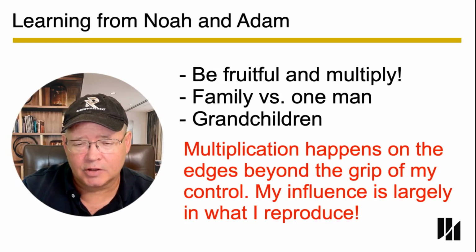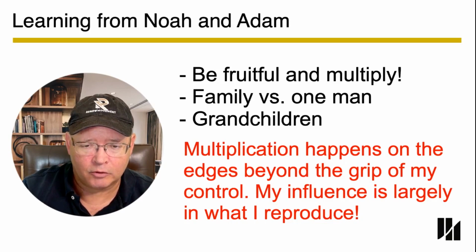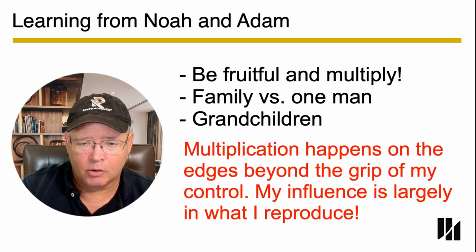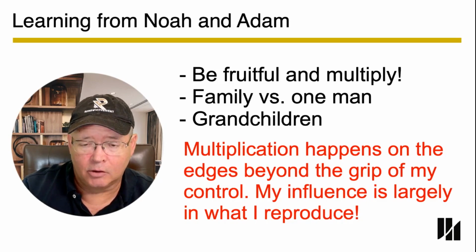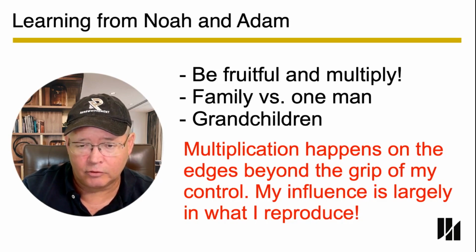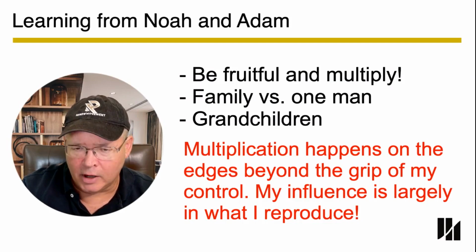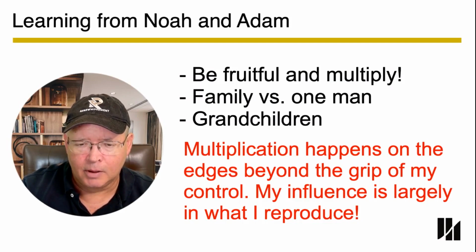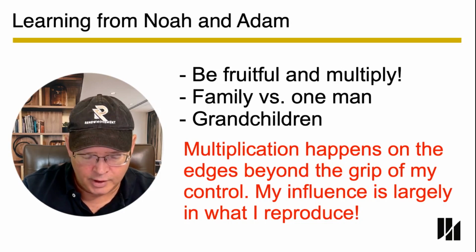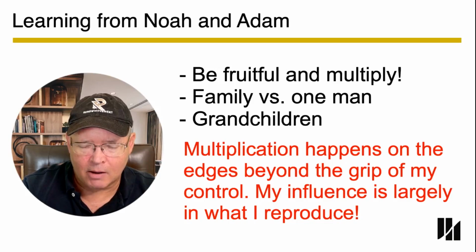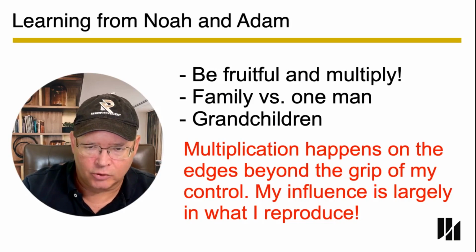I like to use the example of grandchildren here to draw this distinction between multiplying and reproducing. My great-great-great-grandchildren are probably not going to know my name. I don't know my great-great-great-grandfather's name. If my great-great-great-grandchildren aren't going to know my name, how in the world can I control anything they're doing 3 or 4 generations from now? The only thing I can do is how I reproduce my children and what kind of DNA I embed into my children.